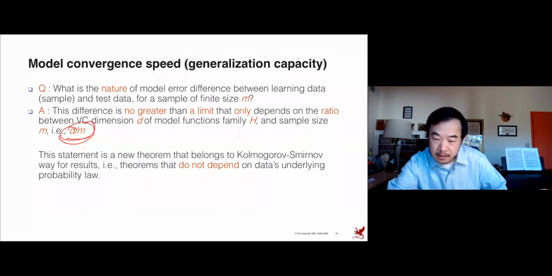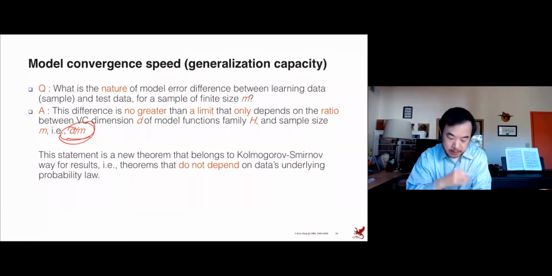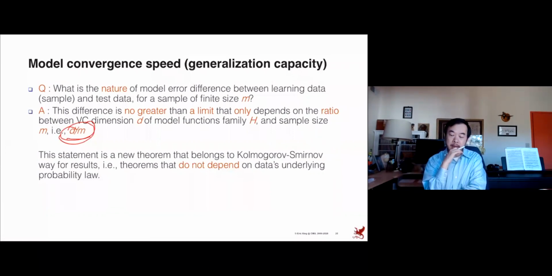The second question is that I'm confused as to how the previous slides relate to the convergence speed. Doesn't it just talk about the limit of differences between the errors? The consistency and the speed are talking about two different but related things.